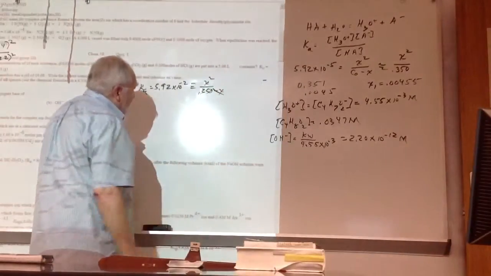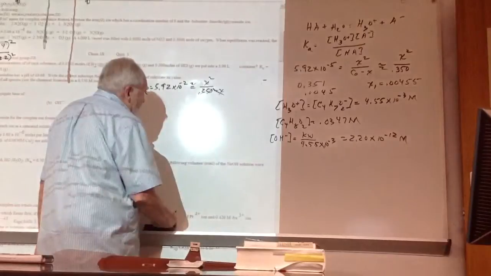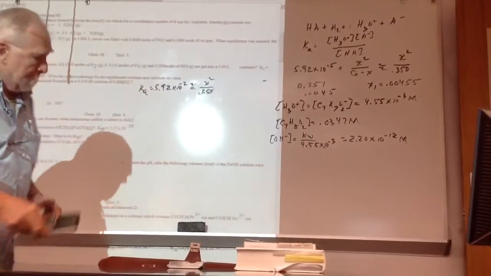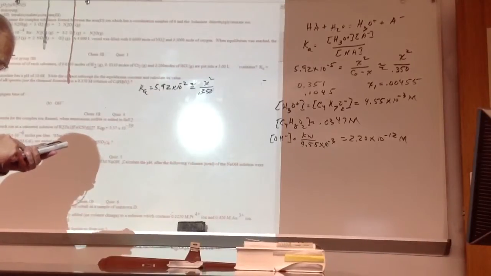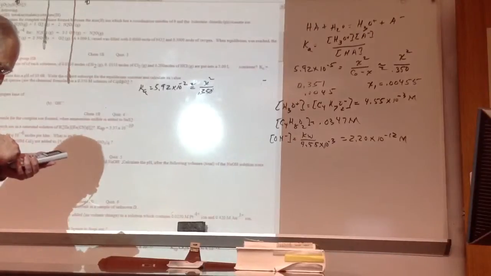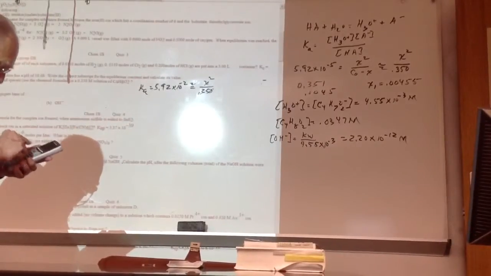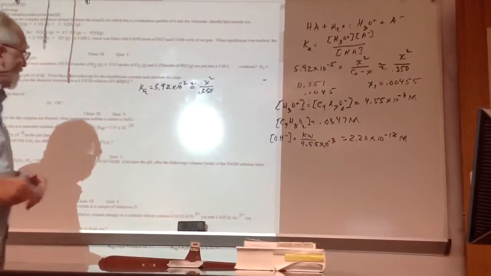So you ignore this thing. I already said approximate. That meant I already ignored the x. So I go through this, and I get 0.143.